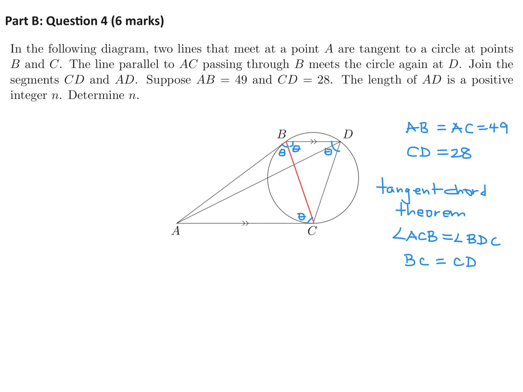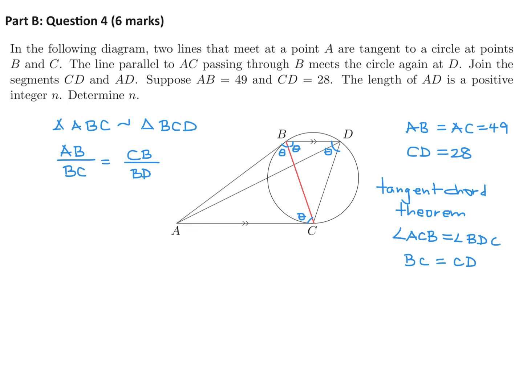All right, so that means we have a similar triangle situation. That triangle ABC is similar to triangle BCD, since they have the same angles. So therefore, if we use the ratio of the sides, AB over BC is equal to CB over BD. CB, BC, same thing, right?